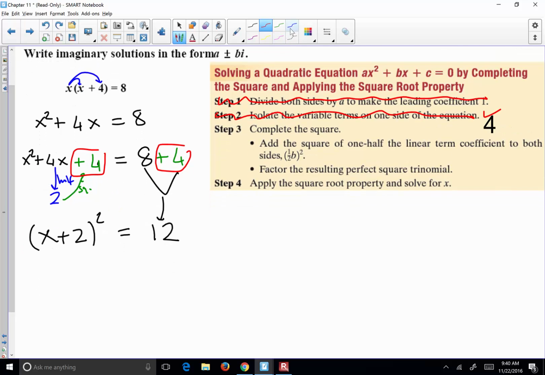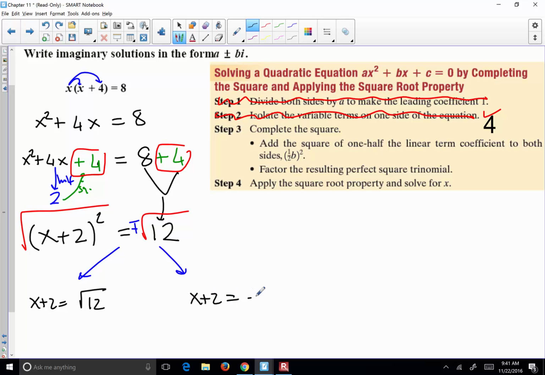Okay, what is next after this? We break this into 2 groups, with one with the plus, square root. You take square root of both sides, remember, right? And put plus and minus sign. You put the plus sign to the left, a minus sign to the right.